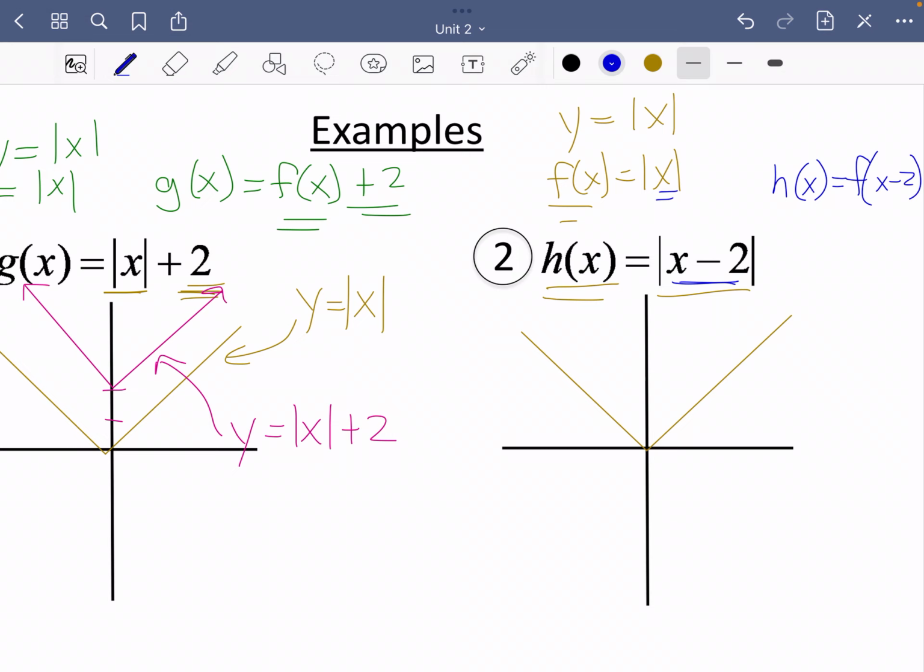That's inside the function, and because that's inside the function, that is going to shift it either left or right 2 units. Because it's a minus 2, it is going to end up shifting it to the right. So when we're shifting left and right, it goes opposite of what we typically think, but we are going to move every single point right 2 units.